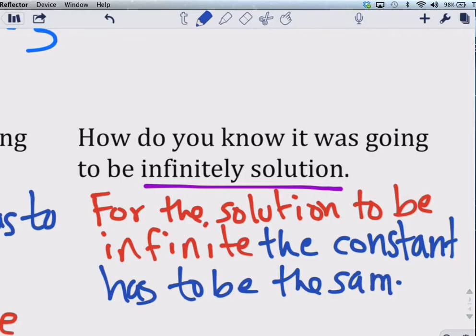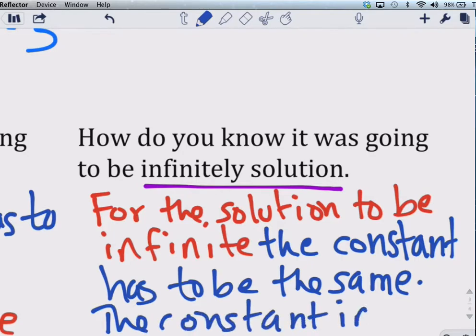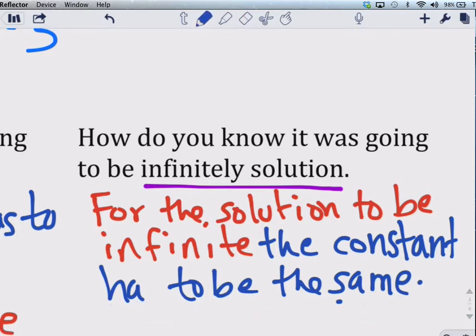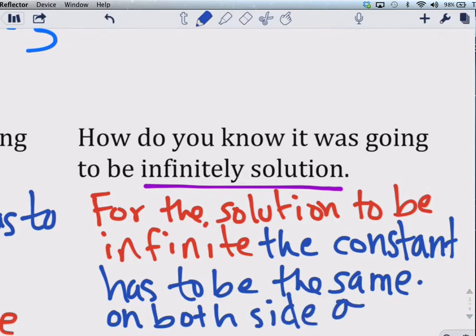In this problem, the constant has to be the same on both sides of the equation.